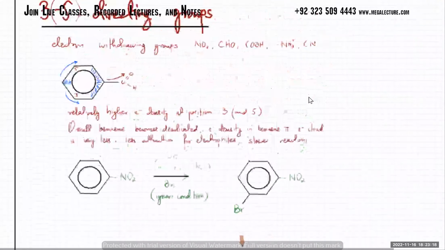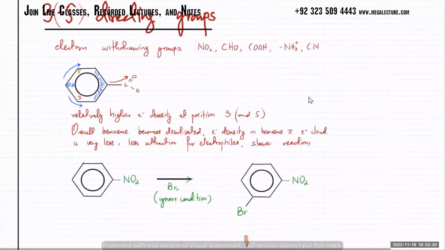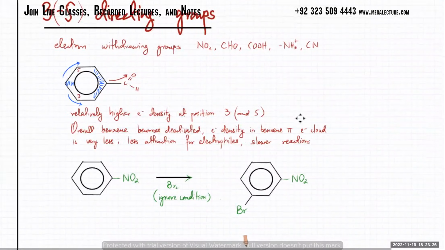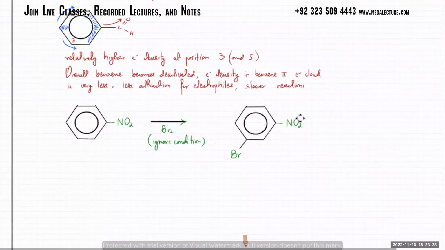About the 3,5 directing, you don't have to know the specifics. All you have to know is that the reaction will be difficult, and if there's an electrophilic substitution reaction, then the bromine or NO2, even if they do nitration, just ignore the conditions.